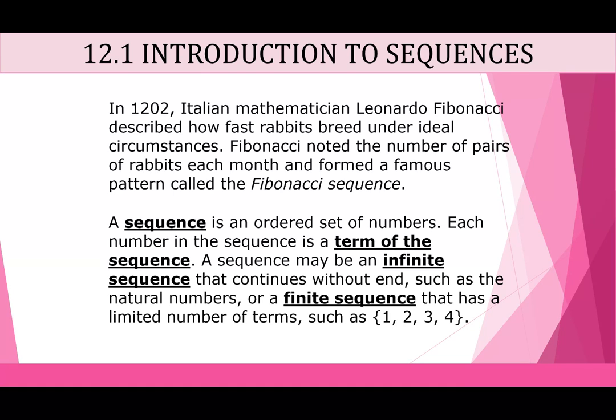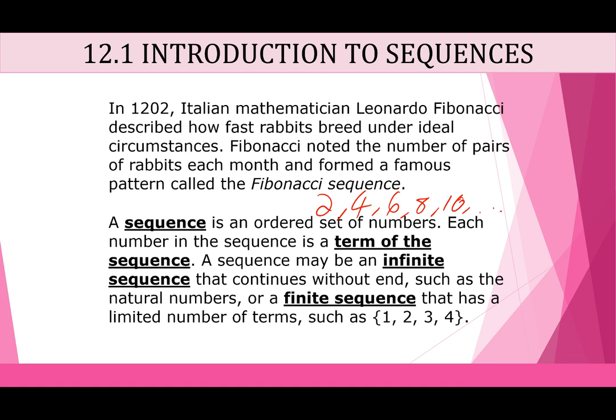So a sequence is just like a list of numbers, but it's typically a list of numbers that has some sort of pattern to it. So for example, I could make a sequence that goes 2, 4, 6, 8, 10, etc. Now this is a sequence.